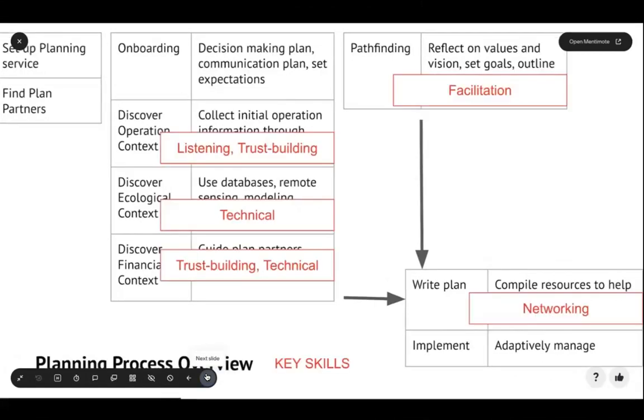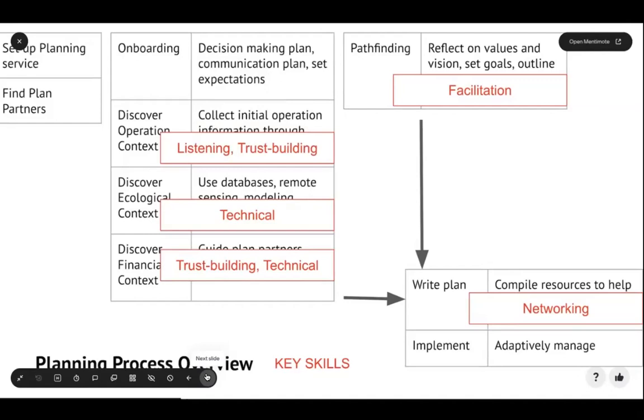All right, so we have these sort of markers, these milestones of this planning process. And then, of course, we have these key skills. And so again, last week, we really talked about listening, that active listening skill, some trust building activities, the setting working agreements, that sort of thing. Of course, there's going to be technical skills that are needed.